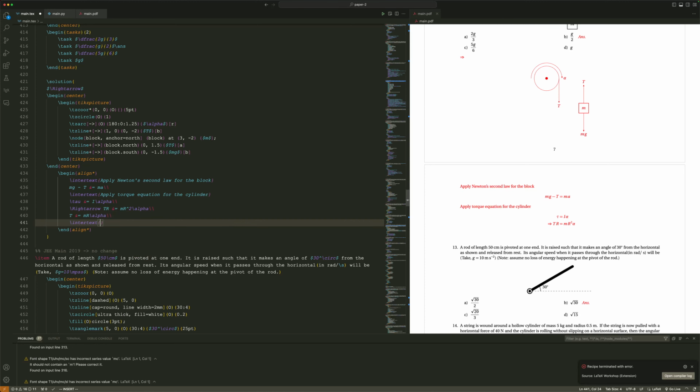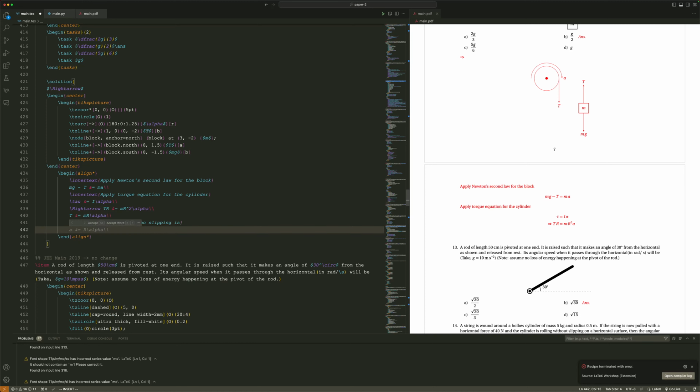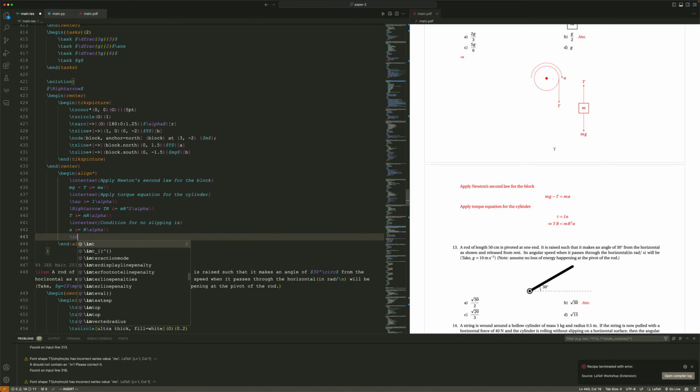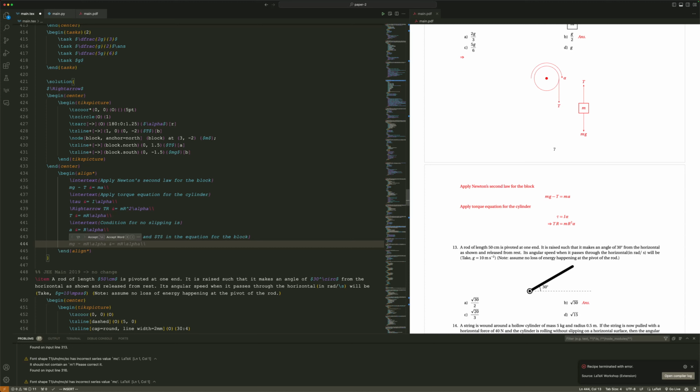What's the condition for no slipping? The condition for no slipping is a is equal to r alpha. Yes, that's correct. Now we can substitute the value of a for the block. Yes, it's perfectly right, and we can proceed.